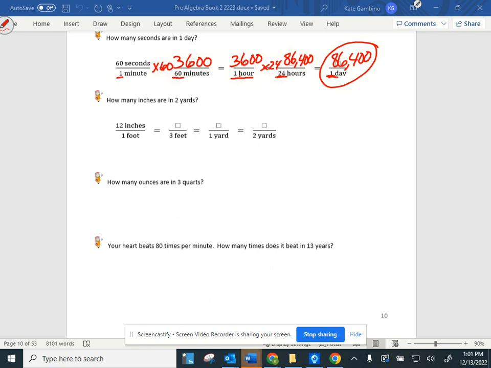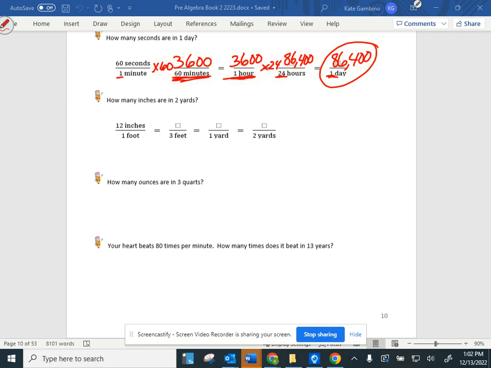So we have to be able to go through all of those conversions, know when we're changing. 60 minutes to 1 hour is the same thing, so I don't have to change on top, right? Or am I multiplying to change that denominator? So then I need to multiply to change my numerator.